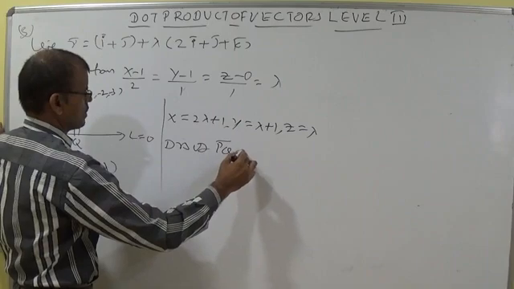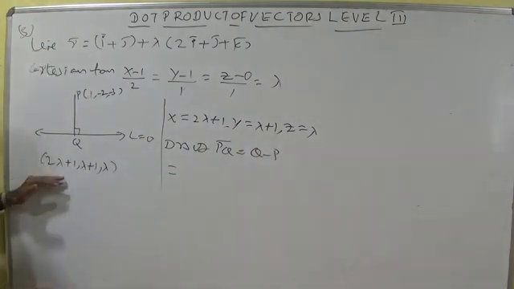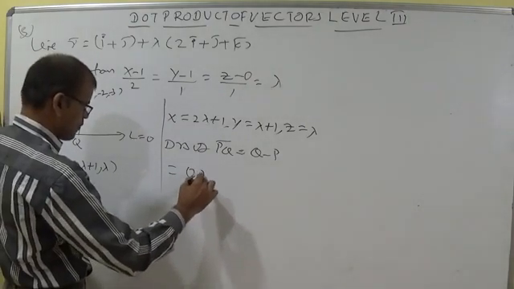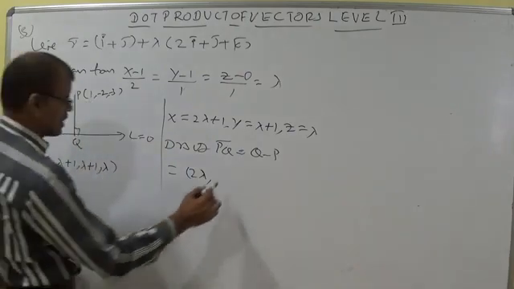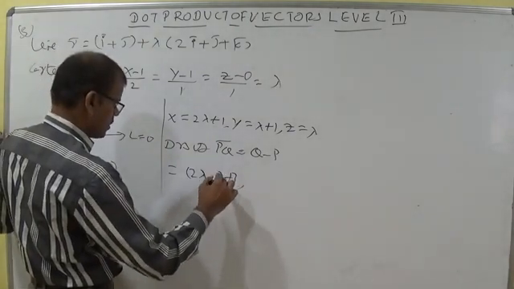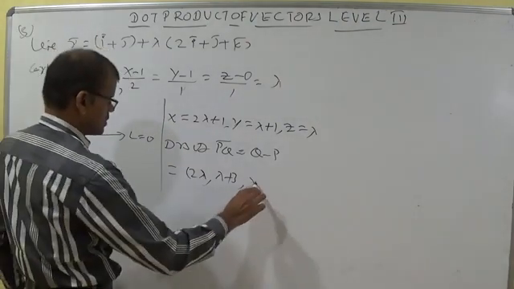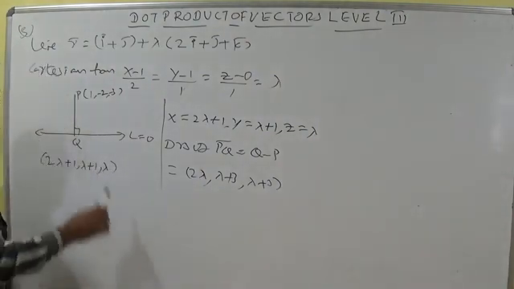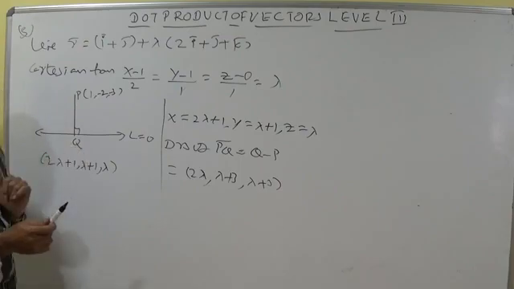Direction ratios of PQ means Q minus P, second vector minus first vector. 2 lambda plus 1 minus 1 becomes 2 lambda, comma. Next, lambda plus 1 minus 2 becomes lambda plus 3, comma. Next one, lambda plus 3. Now, you should try to understand that the line L and PQ are perpendicular.